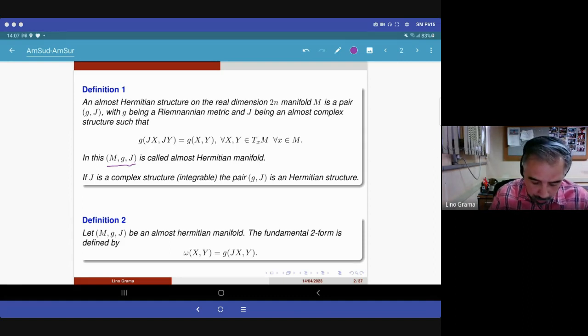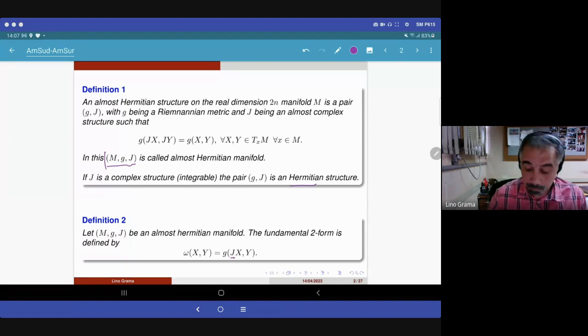In the case J is a complex structure, an integrable structure, the pair is called a Hermitian structure, and we call this triple a Hermitian manifold. If we have an almost Hermitian manifold, one can define the fundamental two-form, defined by omega(X,Y) equals g of X, putting X in the first entry, with JY.